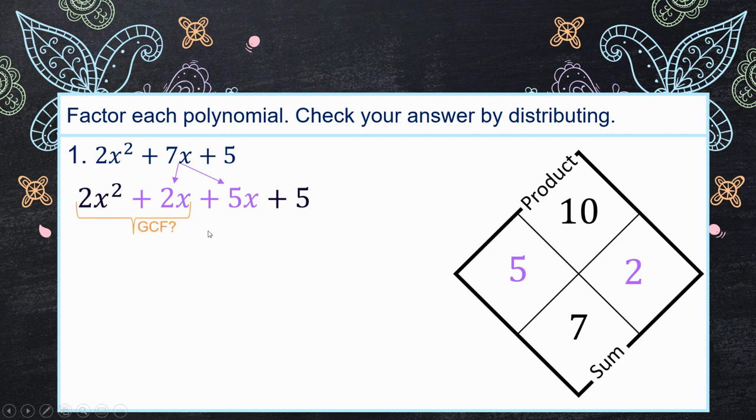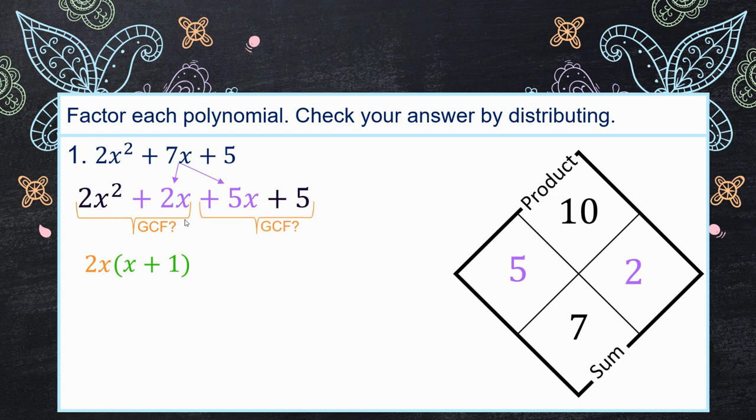So we're going to ask ourselves, what's the greatest common factor of those first two terms? Both coefficients are 2, and there's an x to the first power in both of them, so our GCF is 2x. If I divide both of these terms by 2x, I'm going to get x plus 1. Then we move on to the second two and ask ourselves, what is the greatest common factor?